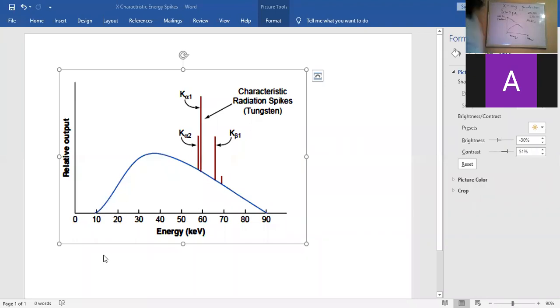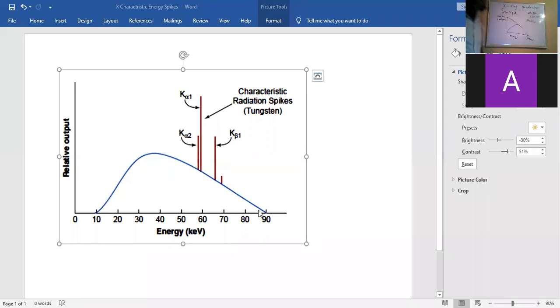All you need to do is add some thickness again, which modifies this to start from here and go up. So filtration is there to remove the low energetic electrons, which we wouldn't want.